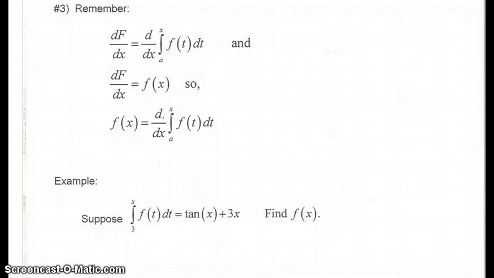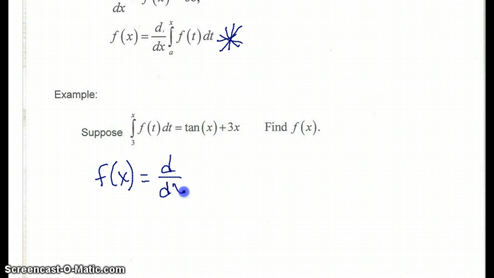Therefore, we need to be reminded which one of these helps us. This is the last piece that we just saw right here. We can say that f of x is equal to the derivative of the integral from 3 to x of f of t dt.